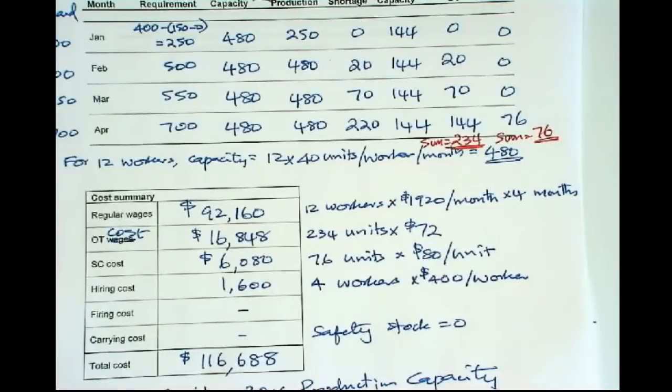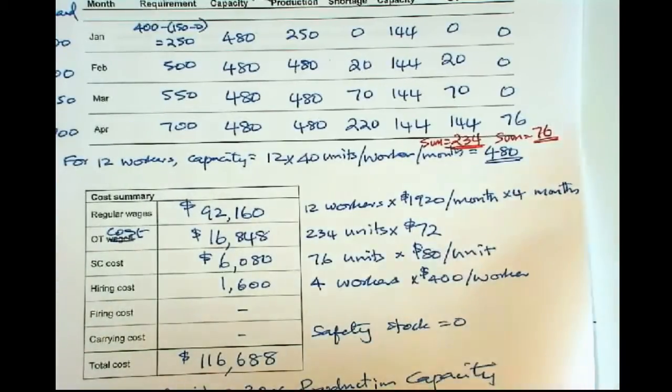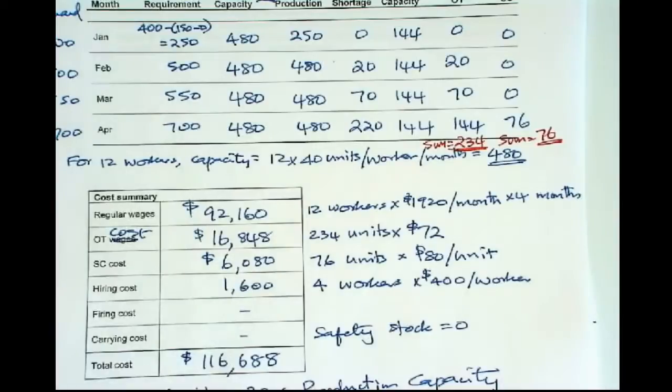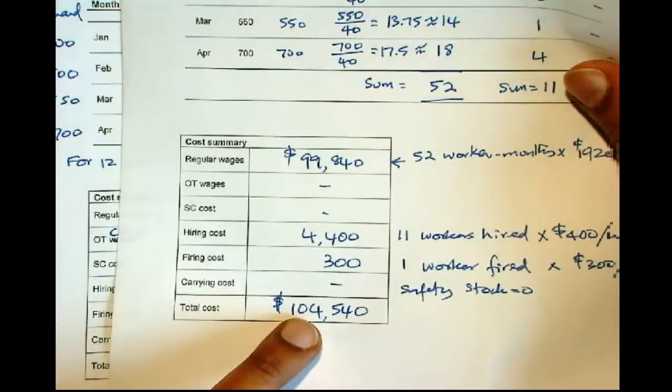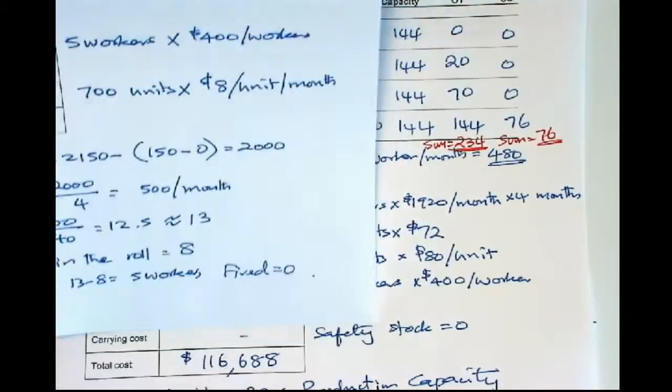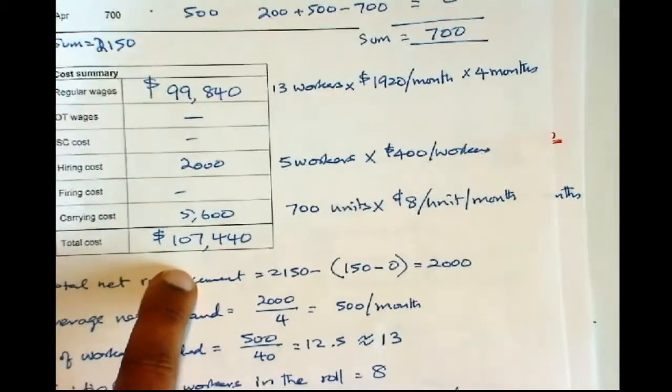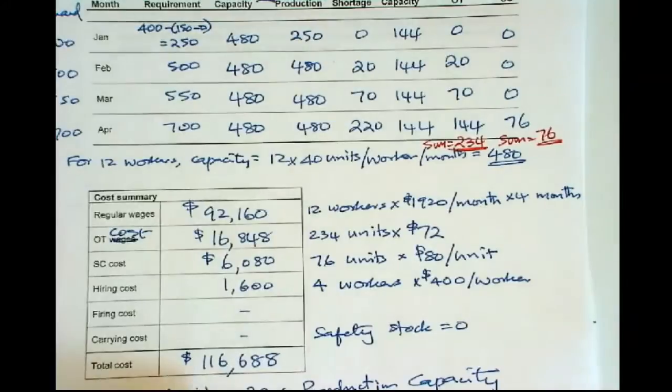Okay. So these are the 3 different costs that we have calculated, 3 different plans and 3 different costs. So we have Chase plan with a cost of $104,540. Level plan $107,440, and the mixed plan is $116,688.